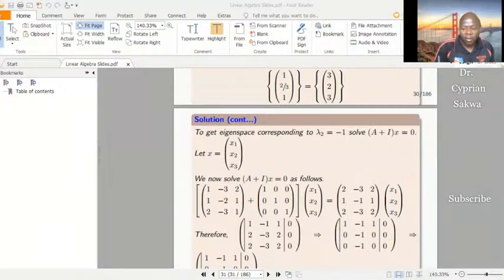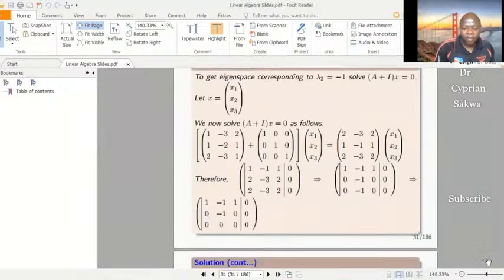So I only look at the last part of this. Of course, this gives me this. And from here, I can see that x1 is a leading variable, x2 is a leading variable, but x3 is not. So I make x3 be t, because it's a free variable. But this last equation tells me that negative x2 is 0, or x2 is just 0.